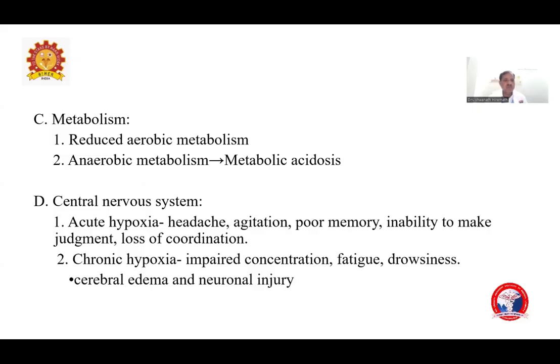Metabolism: reduction in the aerobic metabolism. Anaerobic metabolism sets in, leading to metabolic acidosis. Central nervous system: acute hypoxia leads to headache, agitation, poor memory, inability to make judgment, loss of coordination. Chronic hypoxia: impaired concentration, fatigue, drowsiness, cerebral edema, and neuronal injury.